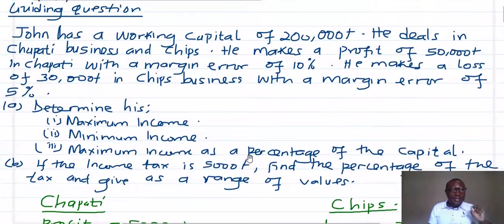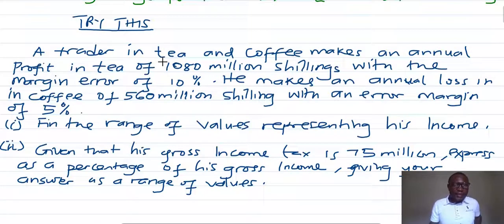Right after here, I'm going to give you one question which you have to try out at the end of this video, and we concretize the mathematics. A trader in tea and coffee makes an annual profit in tea of 1,080 million shillings with an error margin of 10%.